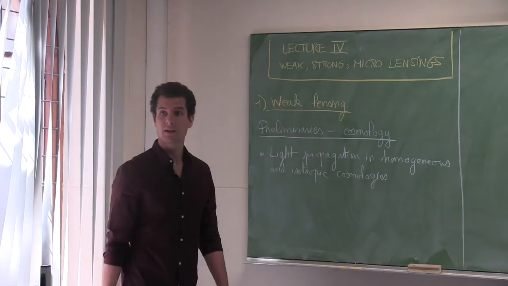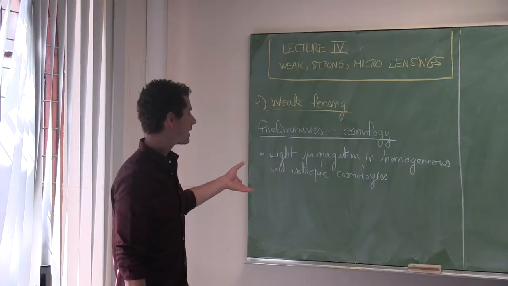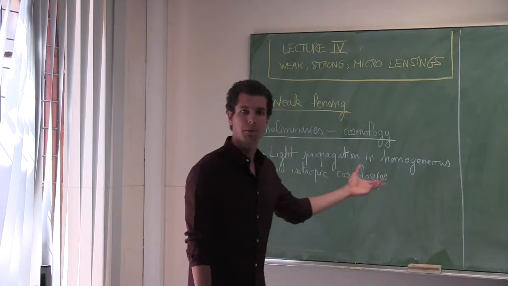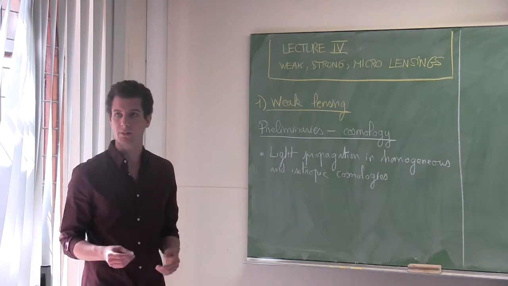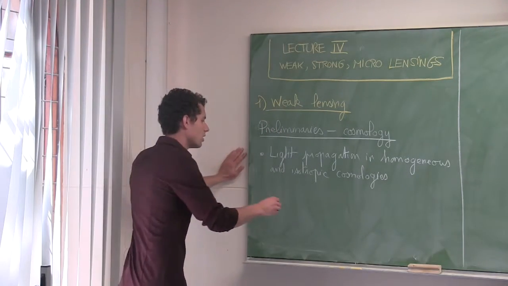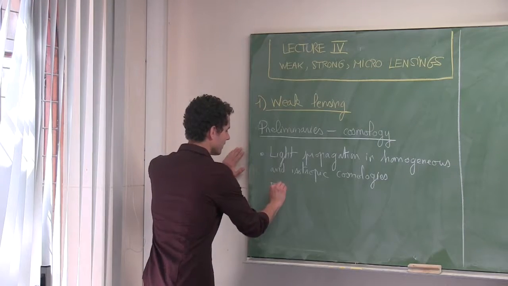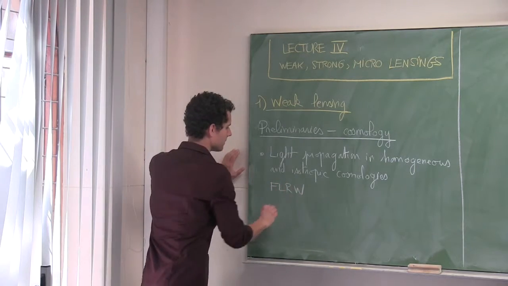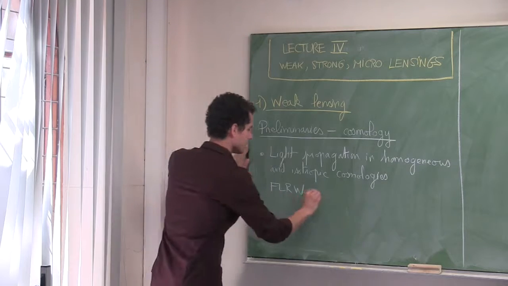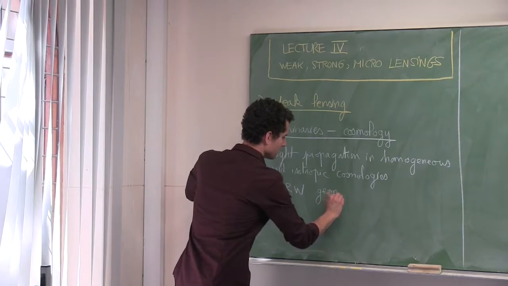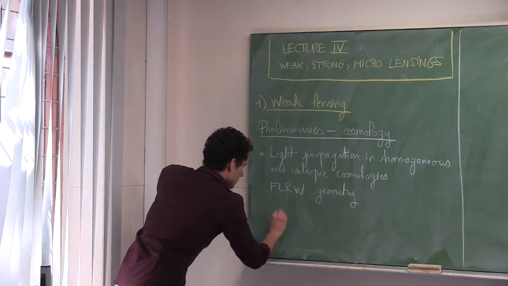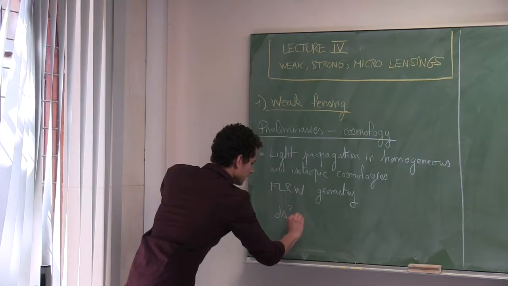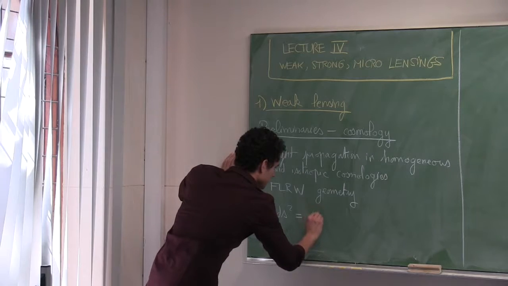So you know that the space-time that is the background model for cosmology, for homogeneous and isotropic cosmologies, is the Friedmann-Lemaitre-Robertson-Walker geometry. The FLRW, Friedmann-Lemaitre-Robertson-Walker geometry, which reads, if I write the line element, we write it like this.